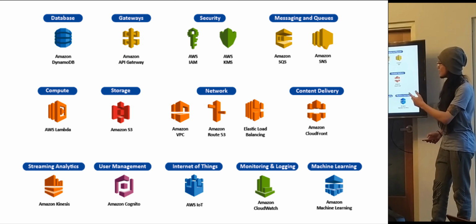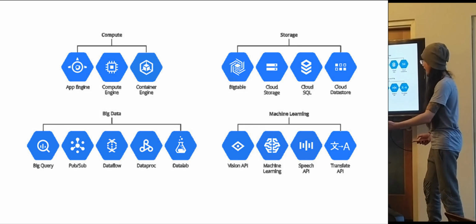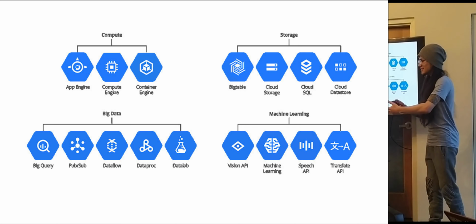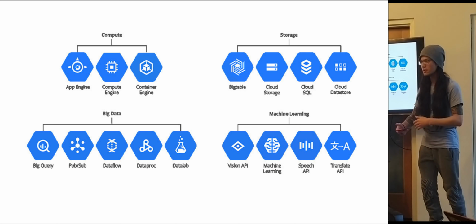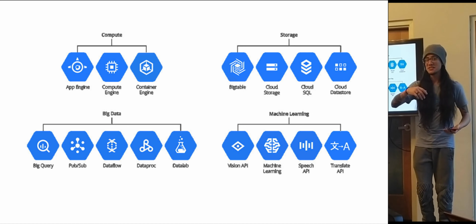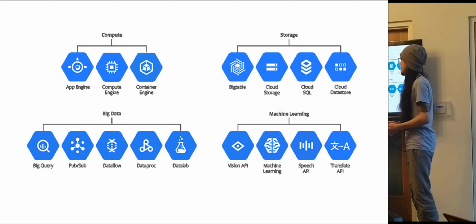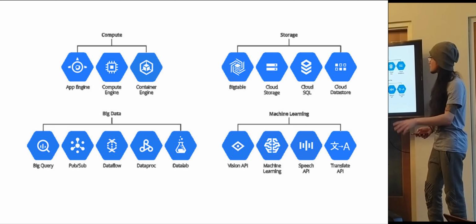If I go to AWS, I have a lot of other services. And if I go to Google Cloud, I have other services. So it's the same idea, the same principle, but it's completely different. And sometimes when I come to AWS, I see a new service that I've never seen before. So it's crazy, but it's not so bad.